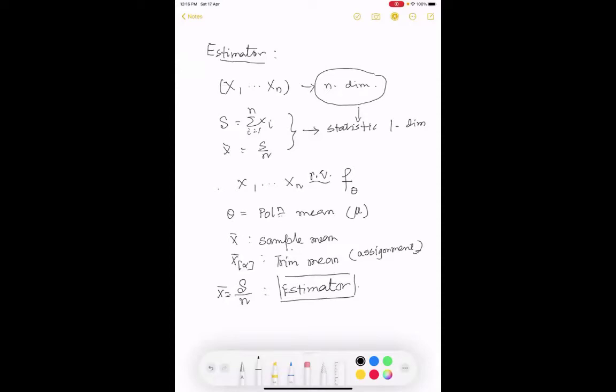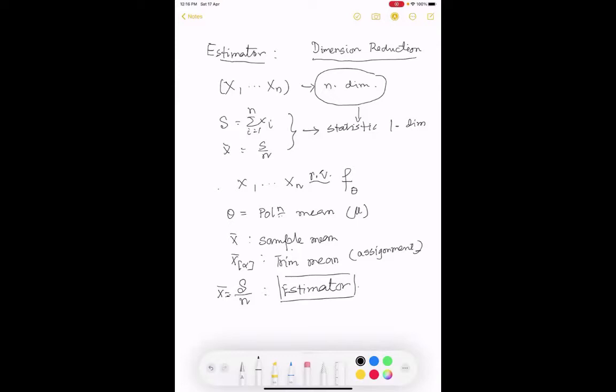In this process, you may lose information. Typically this type of method is called dimension reduction. Typically dimension reduction is a much heavier concept, but this is the simplest example of what we call dimension reduction.